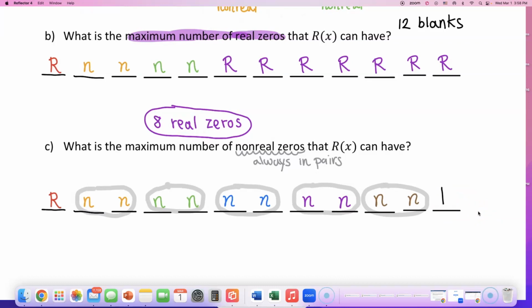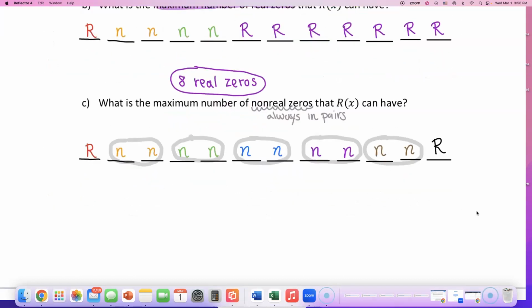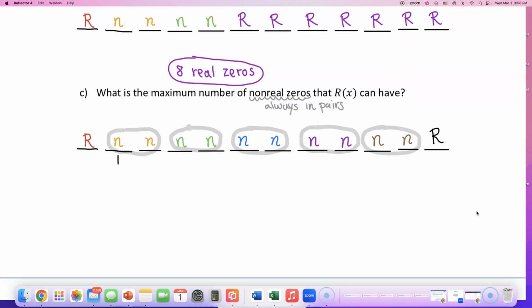So the last one has to be real, unfortunately, okay? Because you can only have an even number of non-real zeros. So let's count how many non-real zeros we have. 1, 2, 3, 4, 5, 6, 7, 8, 9, and 10. So we can have 10 non-real zeros.